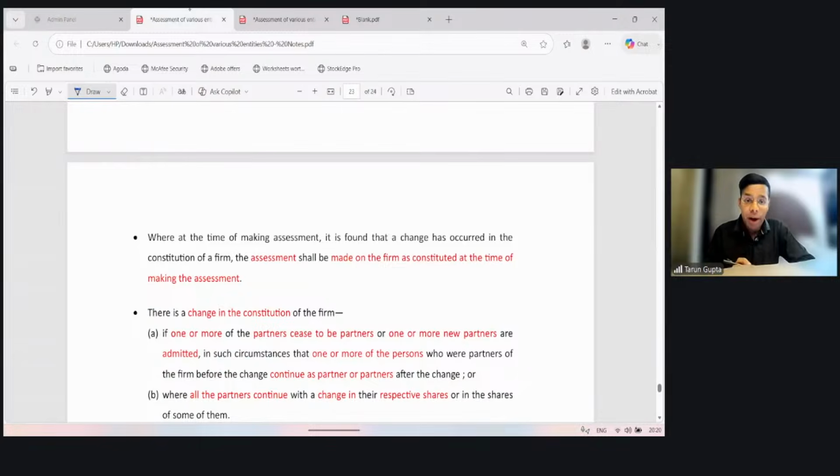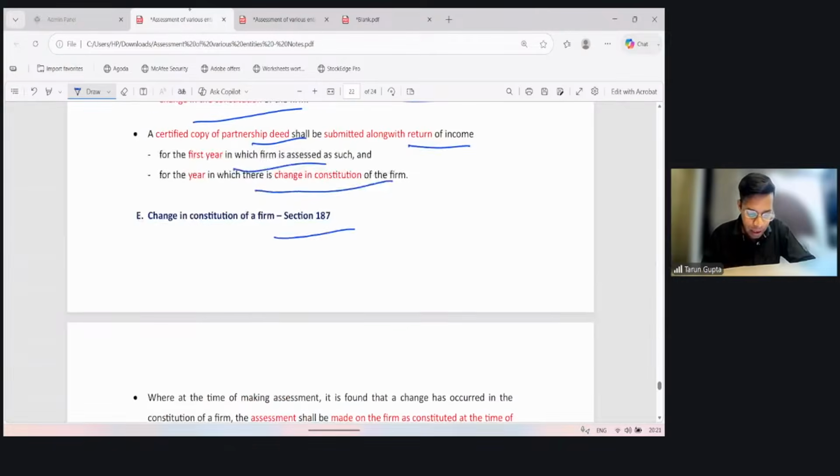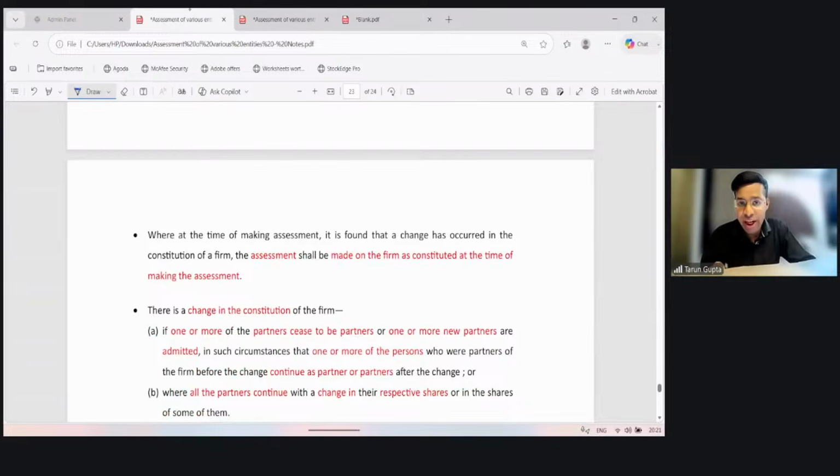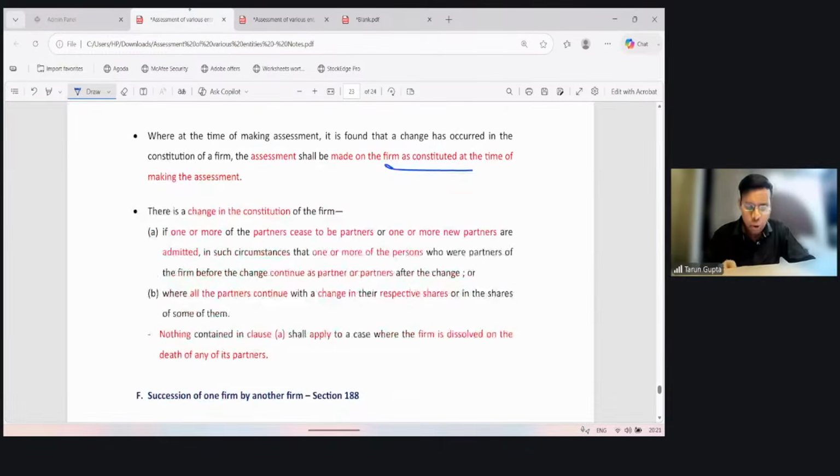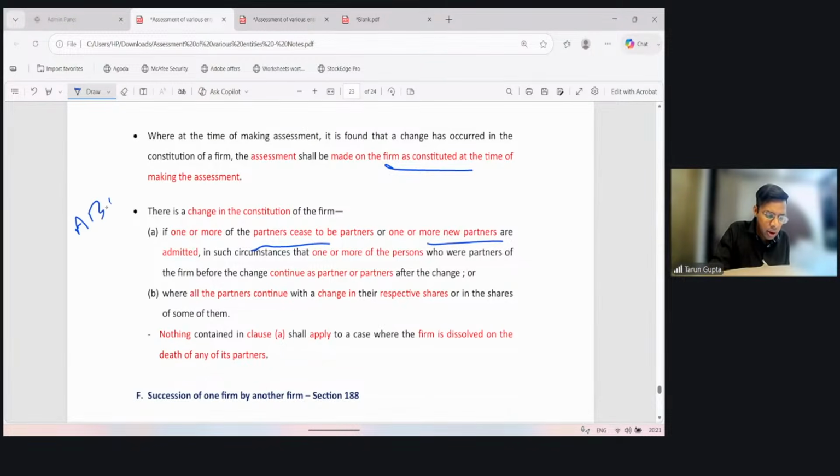You see what it says? It says, where at the time of making an assessment, it is found that a change has occurred in the constitution of the firm, the assessment shall be made on the reconstituted firm, the firm as constituted at the time of making assessment. Okay. Now, what is changing constitution? If one or more of the partners ceases to be a partner, or one or more new partners are admitted. Okay, there is A, B, C. C has resigned, changing constitution. A, B, C. E has come, changing constitution. A, B, C. Now it becomes A, B, D, changing constitution.